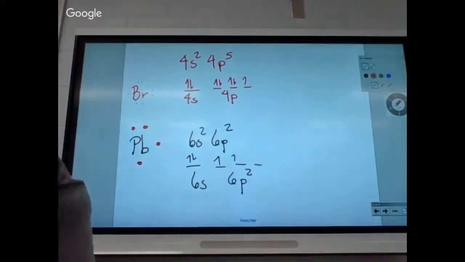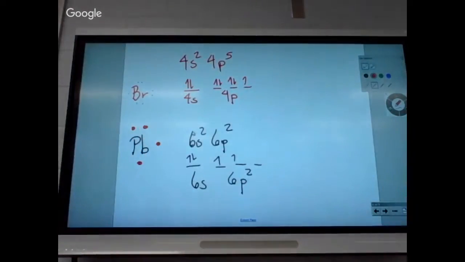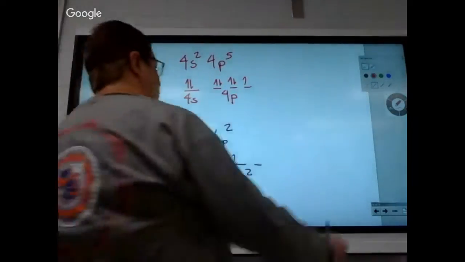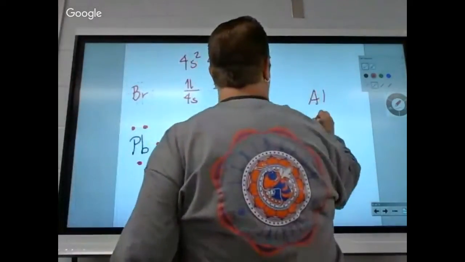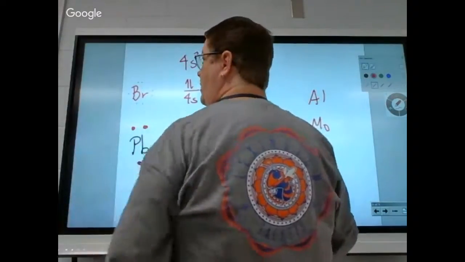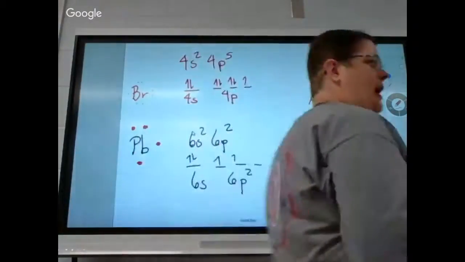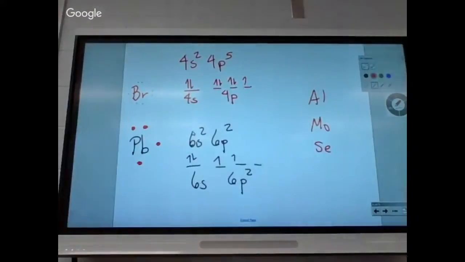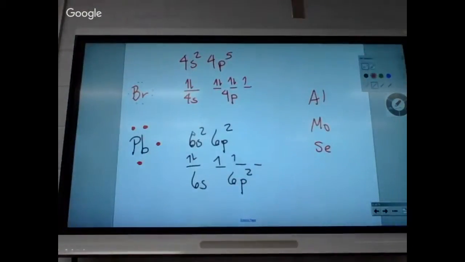All right, so for those of you who did your homework last night, we did Al, we did Mo, we did Se, and we did Pb. We already did Pb. Find your homework and draw the dot diagrams for those 3, because you already have your homework. You don't have to do anything. You already drew them. Now, if you didn't do any homework, you got nothing to look at.